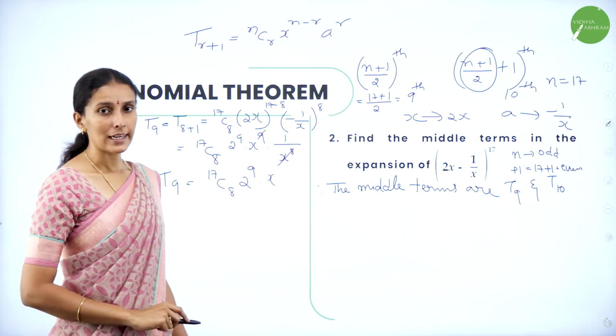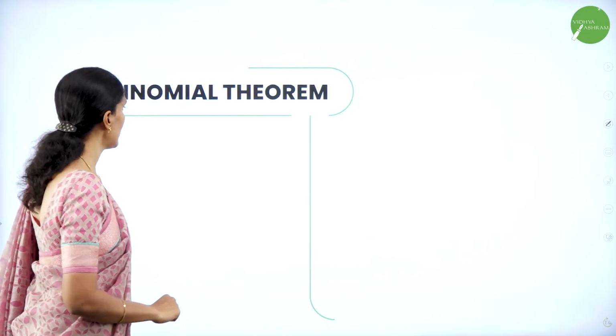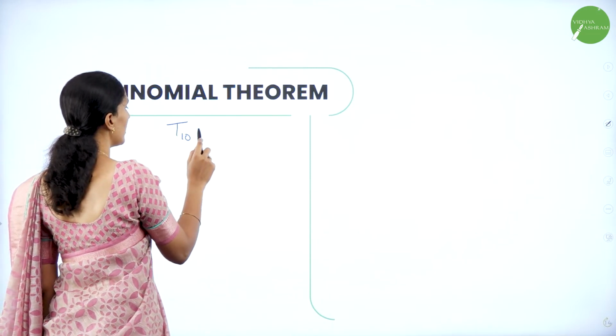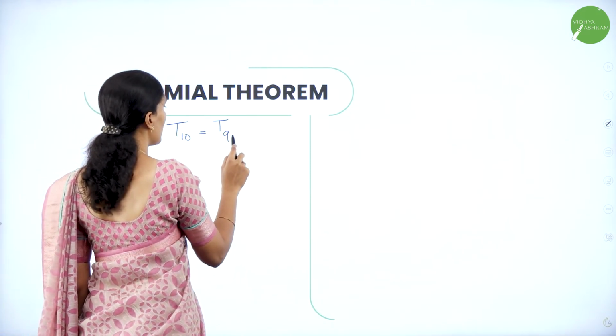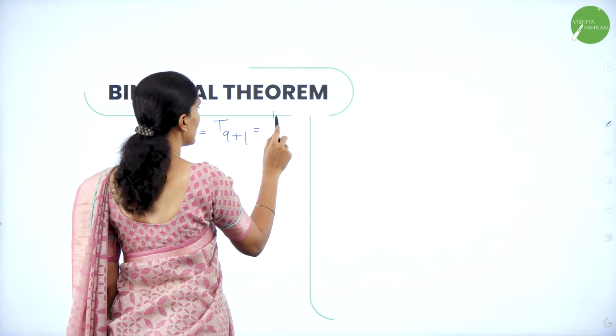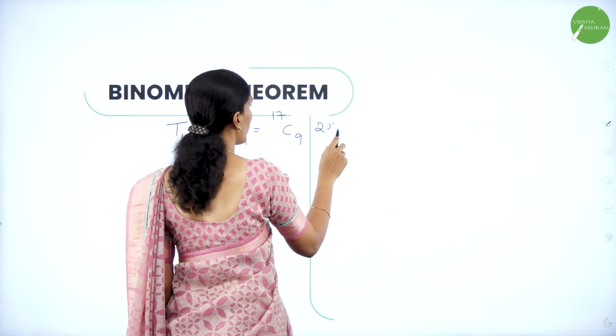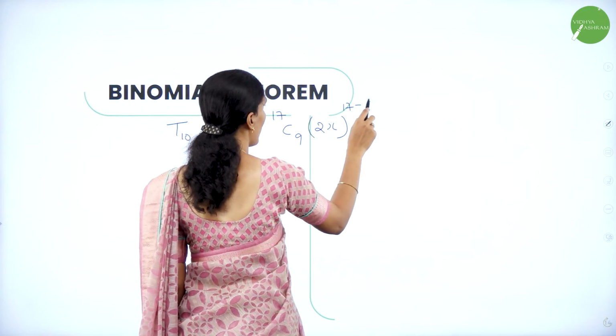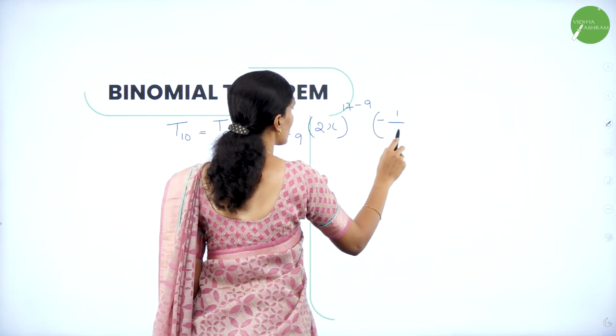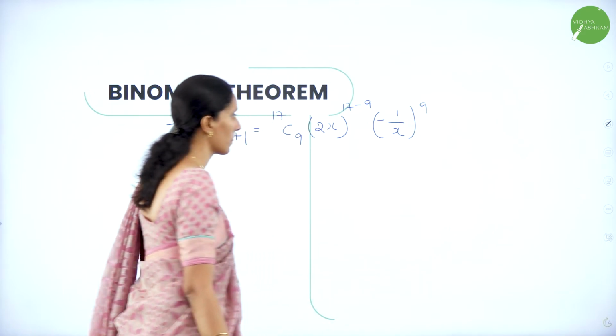Now I have to calculate the 10th term. The same T10 can be written as T9 plus 1. So therefore it is 17C9. x is 2x, power 17 minus 9. a is minus 1 by x, power 9.